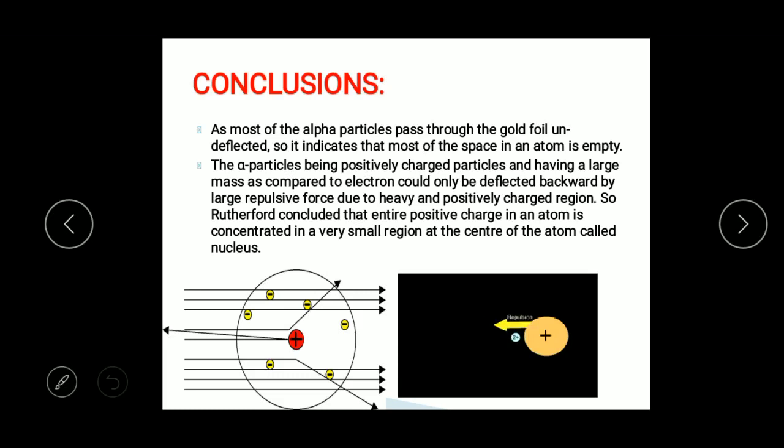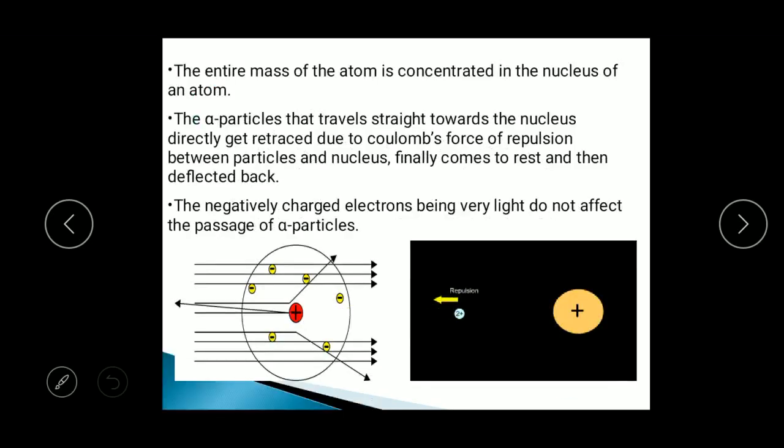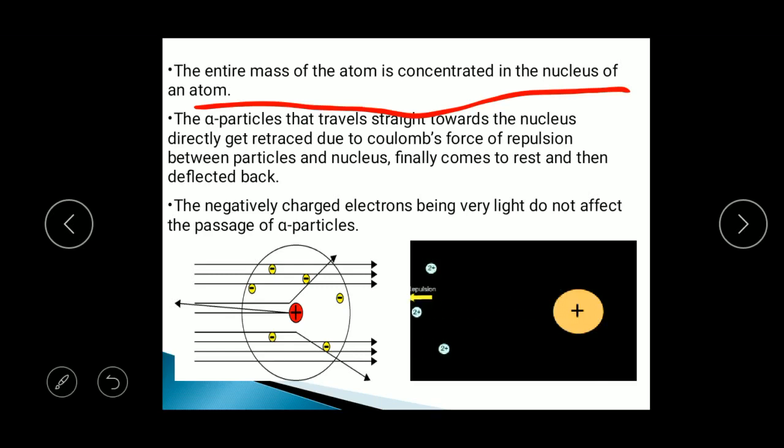The second conclusion is that the entire positive charge of the atom is concentrated in a very small region at the center of the atom, called the nucleus. And the third one is that the entire mass of the atom is concentrated in the nucleus of an atom. So the whole mass of the atom is concentrated at the center, that is, at the nucleus. This is the third conclusion.